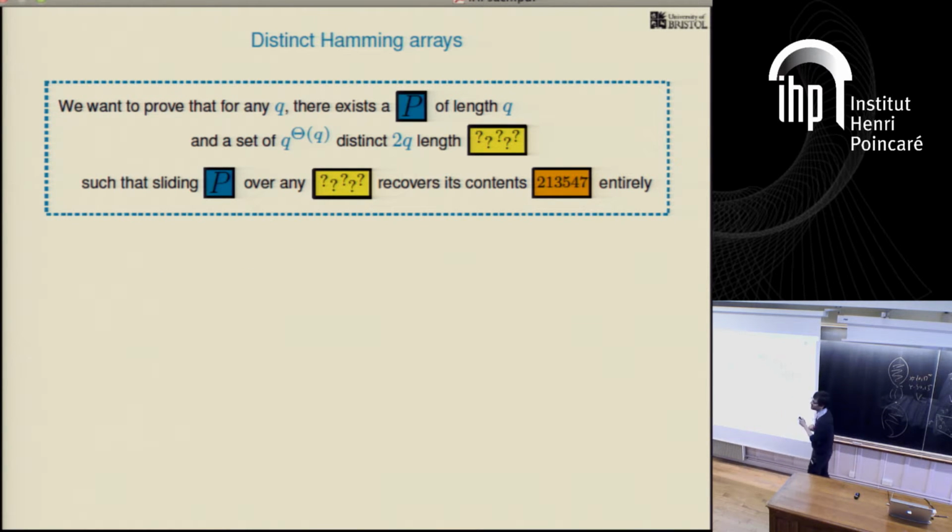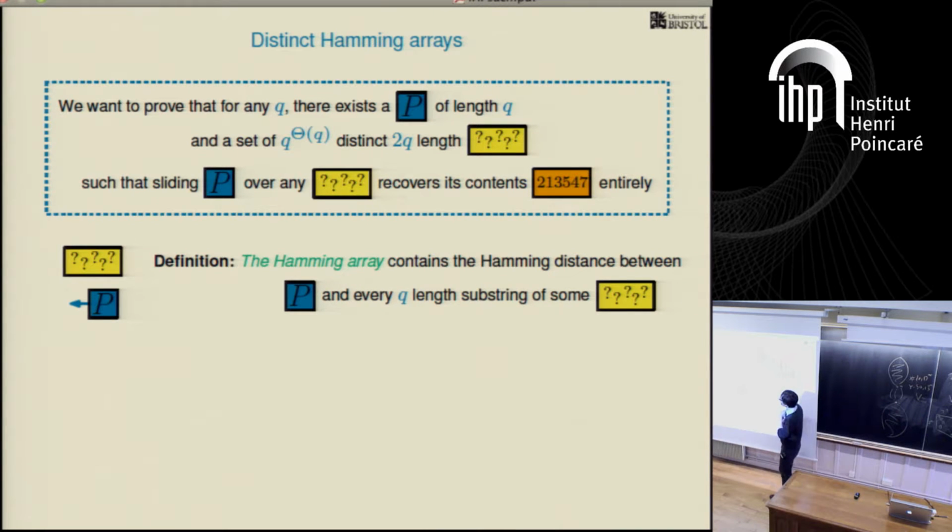OK, I'm now going to rephrase this thing to make it a little tidier. It's not going to make much difference. So here's the definition. The Hamming array is just the array containing all the distances between p and every substring of some block. So I take my p, take my block, I slide it across, I write down all of those Hamming distances. That's called the Hamming array.